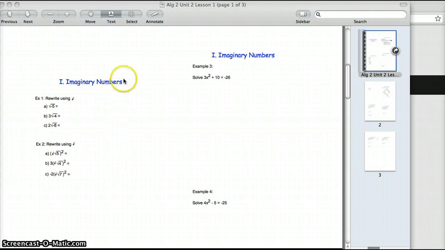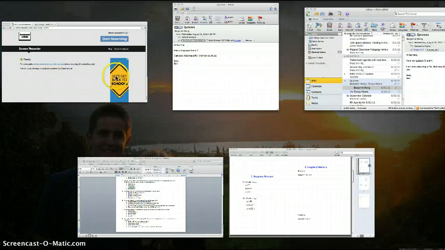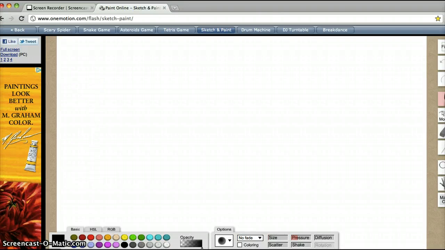It says imaginary numbers. Now it says rewrite using i. So the square root of a negative 5, let's write this down. The square root of a negative 5 is simply going to be 5i.